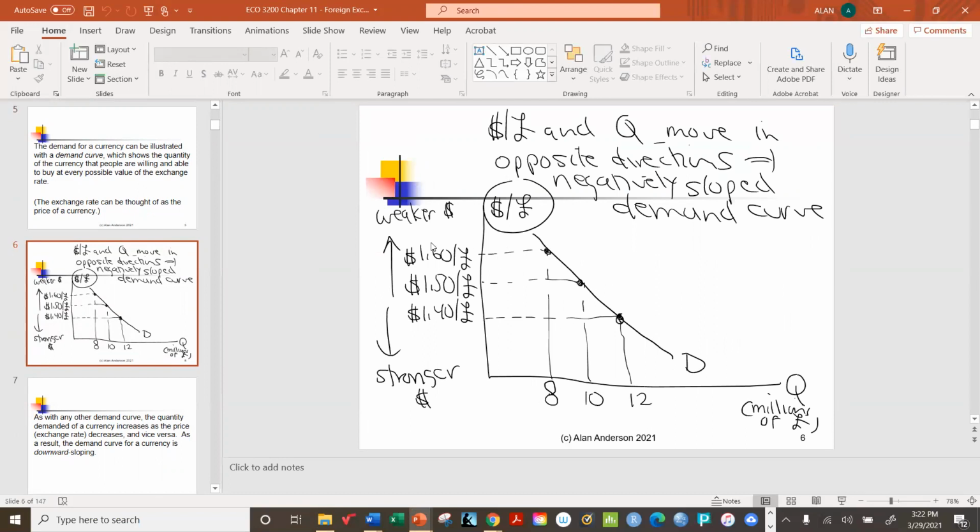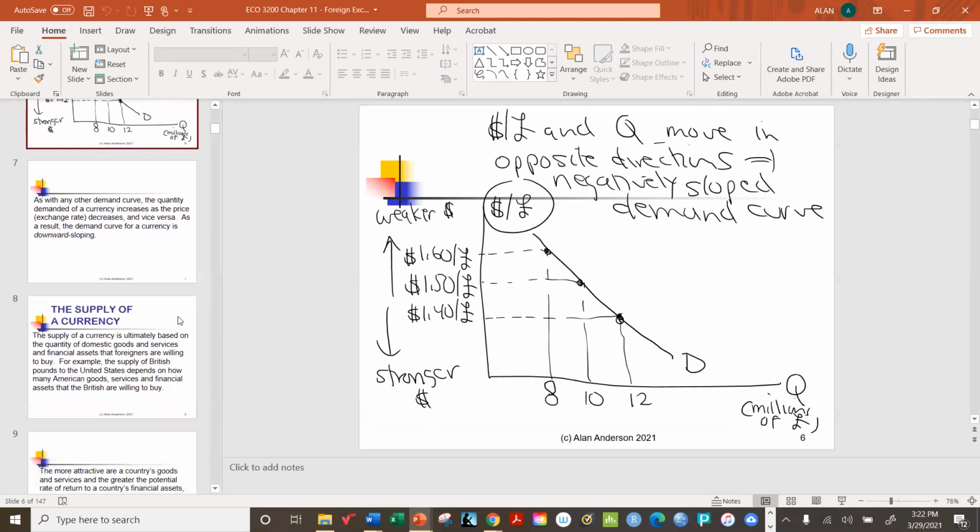Because as we move up the vertical axis, it becomes more and more expensive to buy British pounds. And that means we have a weaker dollar. So we will respond by buying fewer British pounds, of course. As the dollar gets stronger, meaning that we need to pay fewer dollars per pound, we will respond by buying more British pounds. And once we get our hands on British pounds, we're going to use them, presumably, to buy British goods and services in the long run.